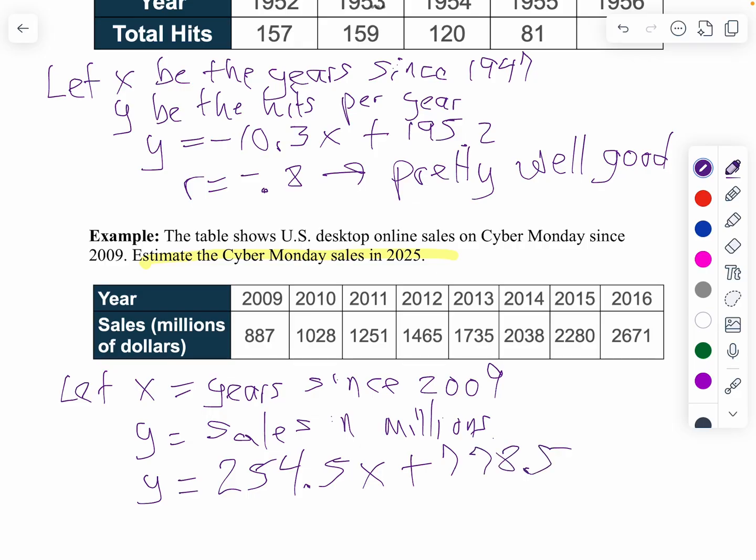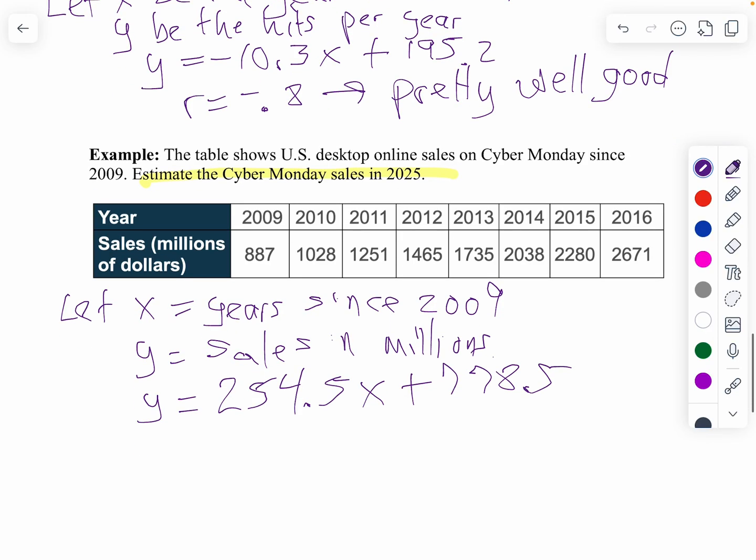That's my equation. They didn't ask me for that. I don't know why I wrote it down, but now I want to know what's going to be the sales in 2025. Well, in other words, I want to find what X is.